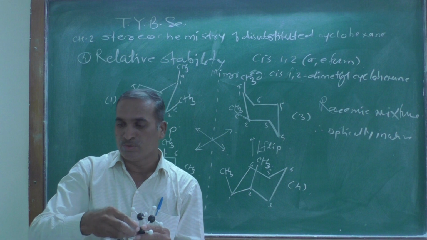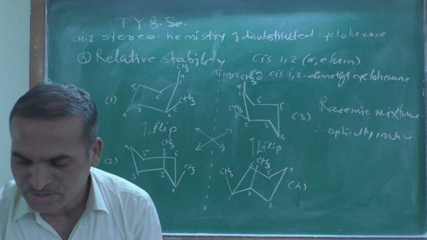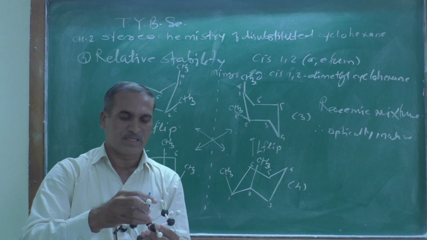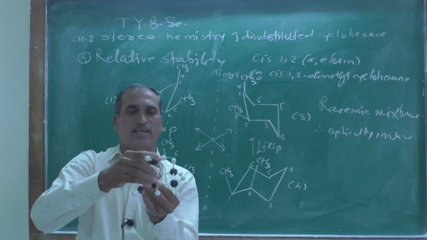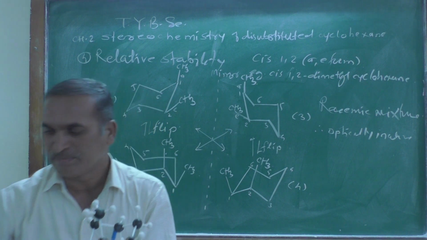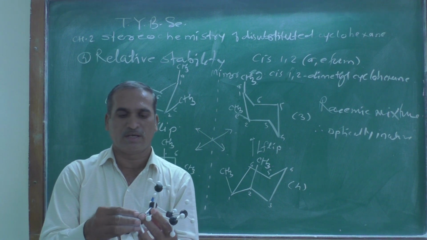What I am going to do now is replace this group. This is one of the groups which is axial. You can see clearly here, one methyl group I am putting at axial position.